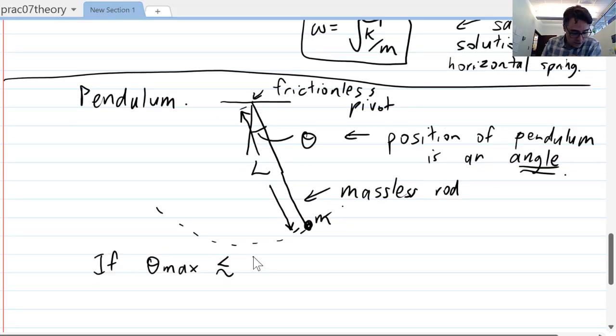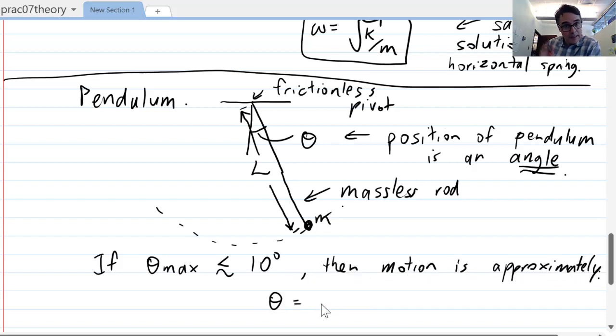Once again, it turns out, I'm not going to go through the math, but if theta is small, so if theta max is less than around 10 degrees, then the motion is approximately, again, simple harmonic motion. Theta equals this amplitude, theta max, times cosine of omega t plus phi naught, where phi naught is an arbitrary constant.